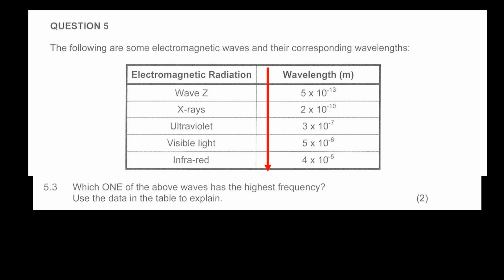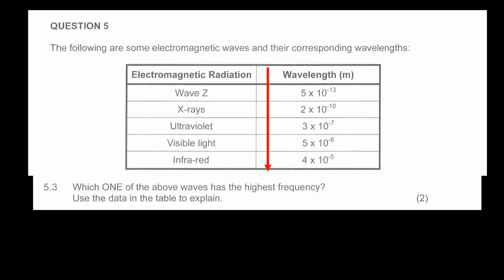Infrared has the longest wavelength of all the electromagnetic waves shown in this table. It has a wavelength of 4 multiplied by 10 raised to the power of minus 5. The wavelength of a wave is inversely proportional to the frequency of the wave. This means the longer the wavelength, the lower the frequency.